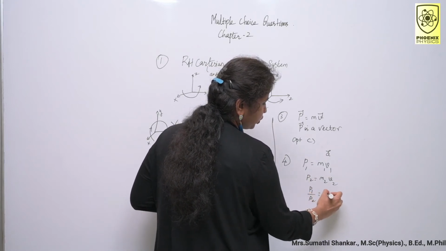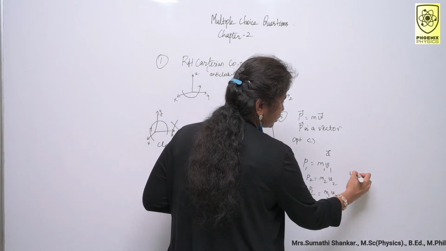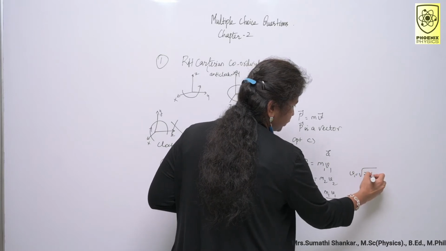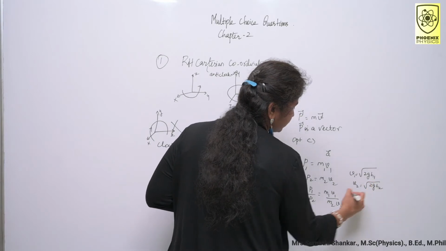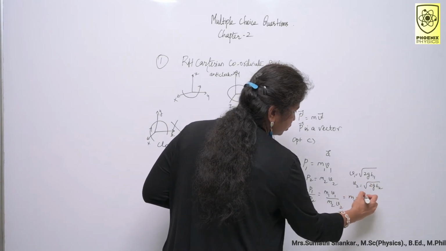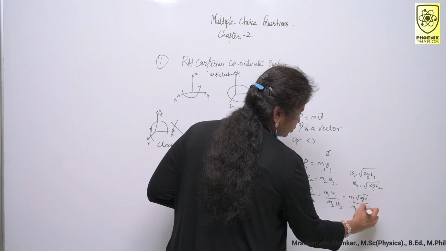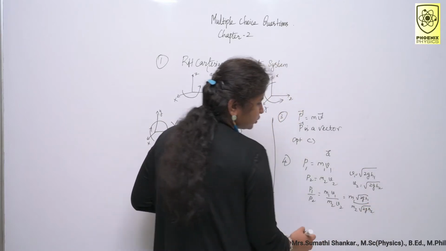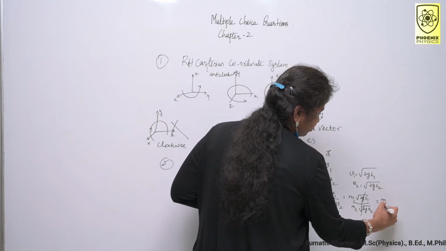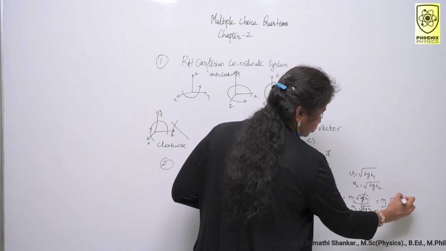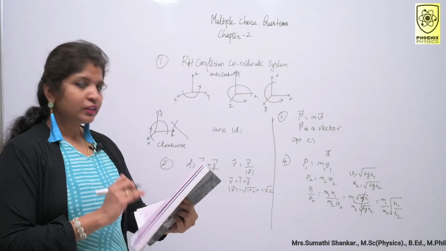That is m1 v1 divided by m2 v2. v1 is root of 2g h1, v2 is root of 2g h2. Substitute the values: m1 root of 2g h1 divided by m2 root of 2g h2. Cancel root 2g, and your answer is m1 by m2 times square root of h1 by h2. So option C is correct.